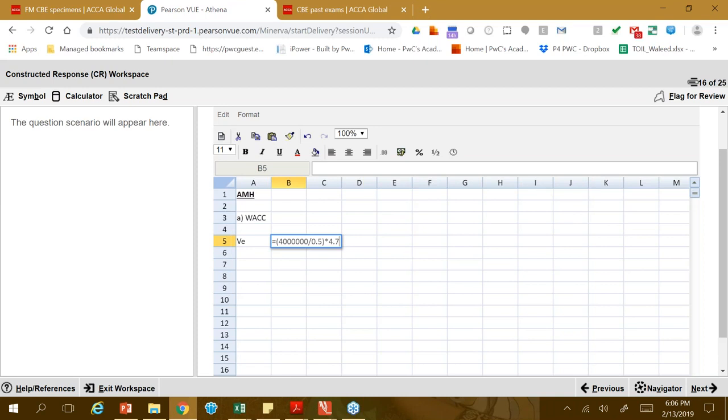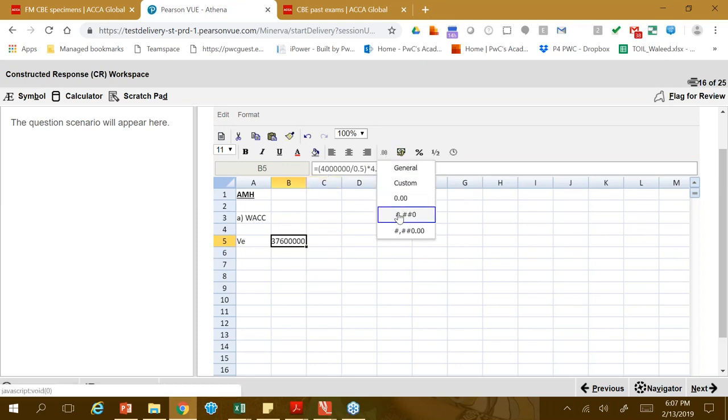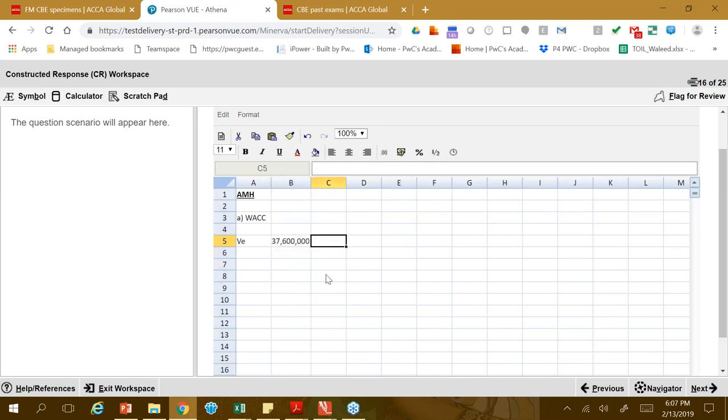So this has given me the value of equity. So share capital in dollar terms over the par value into the market price per share. And that has given me the value of equity, which is $37 million. So all workings are in dollars. So 37,600. Next thing is the value of the preferred share.